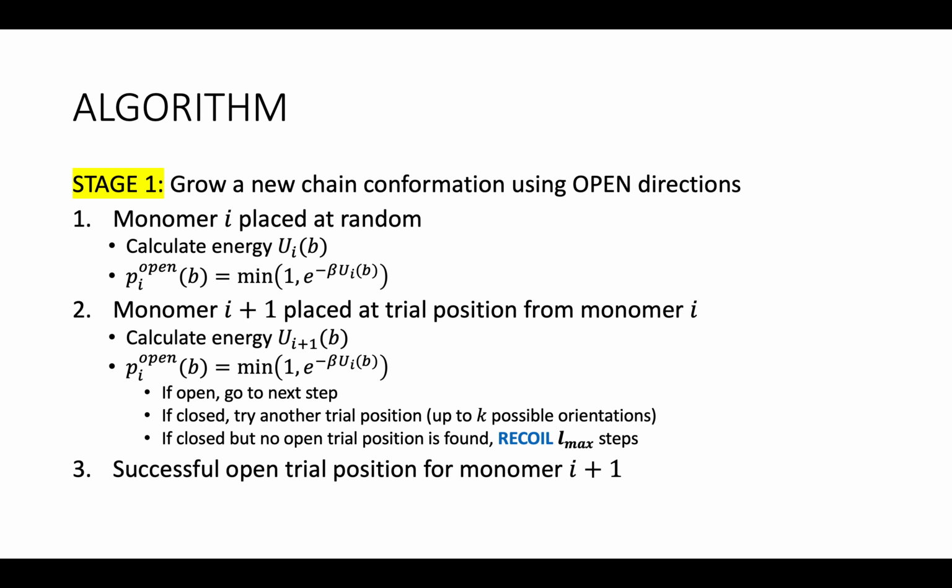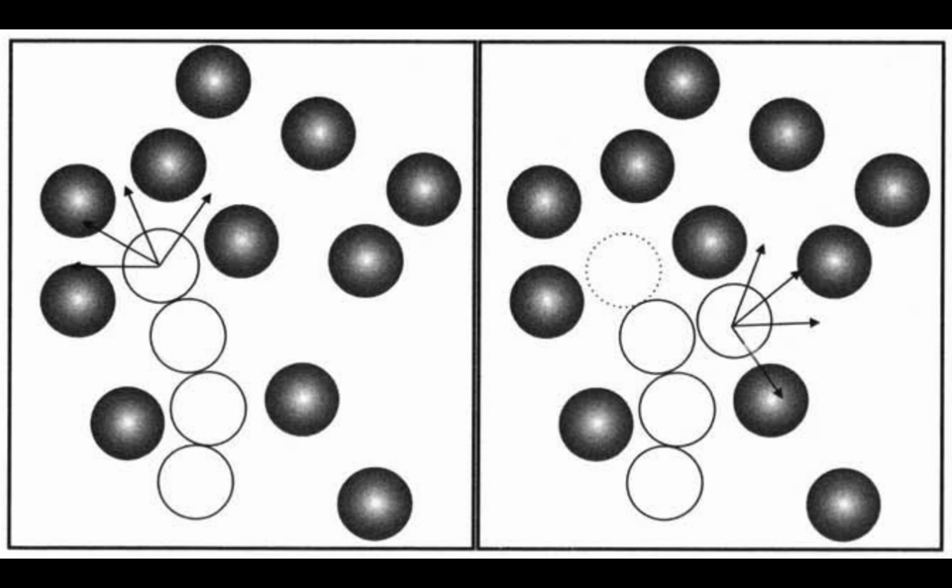And here we will first need to define a parameter L max. This L max is nothing but the number of steps we will go back in the chain in case we're unable to find at least one open trial position. For example, in this illustration, the chain is in a dead alley, so there are no open trial positions for the next monomer.